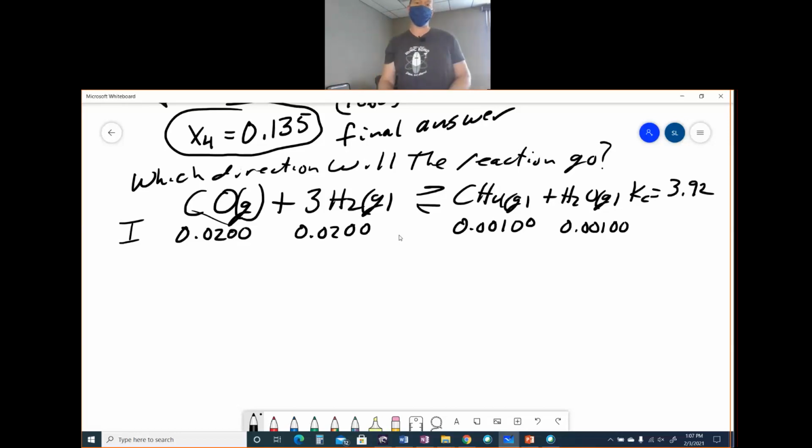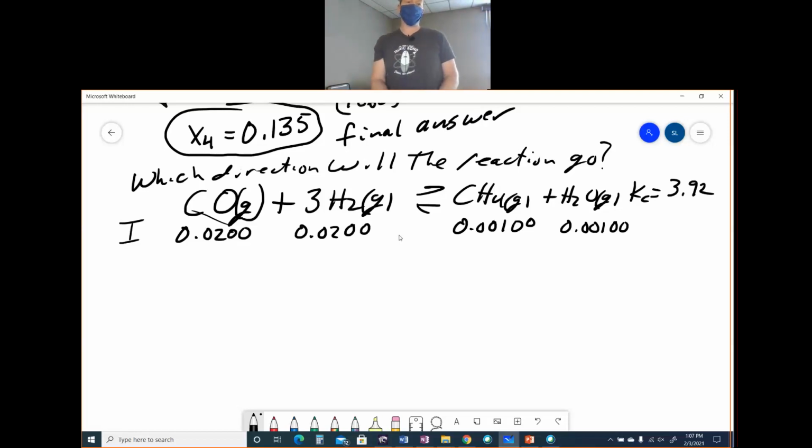When you have concentrations of all your reactants and all your products, then you have to calculate Qc. If Qc is larger than Kc, so Q is too big, that means you have too many products, not enough reactants, it would go to the left.